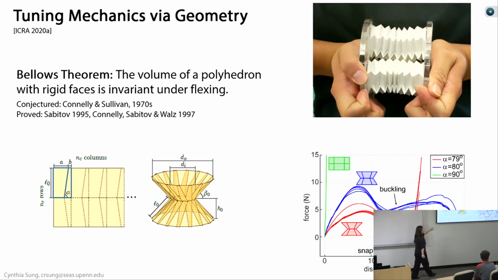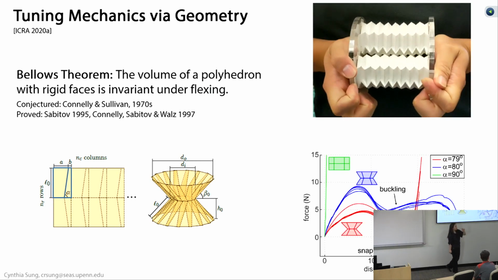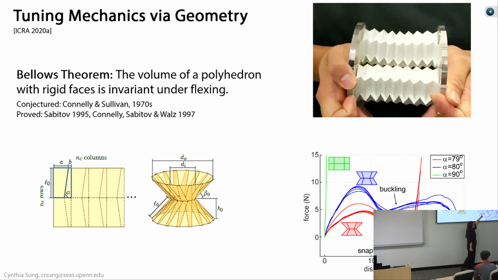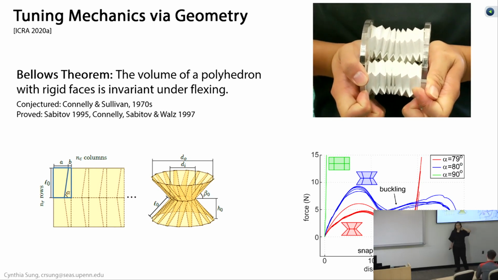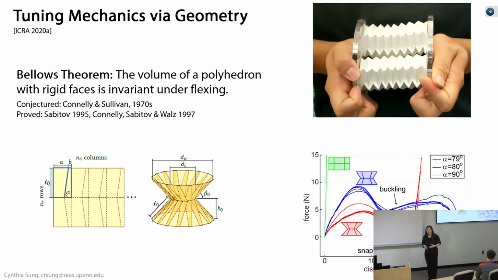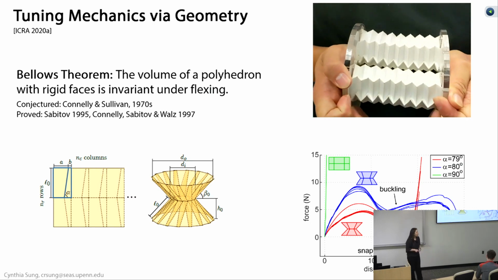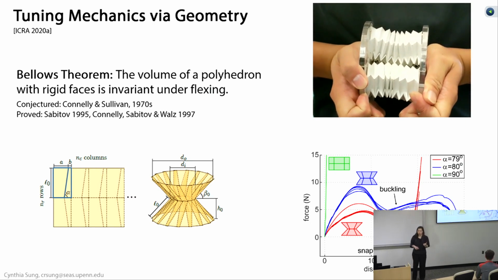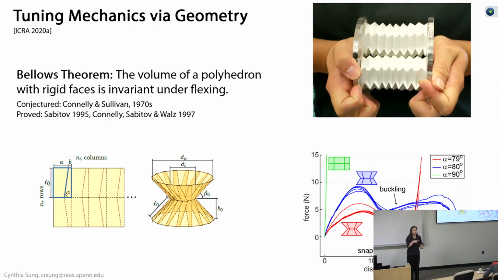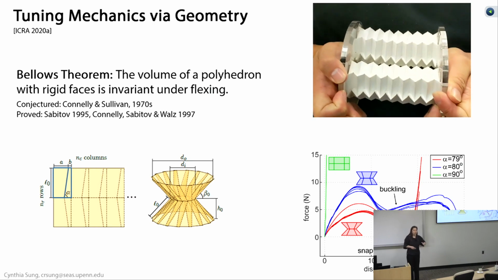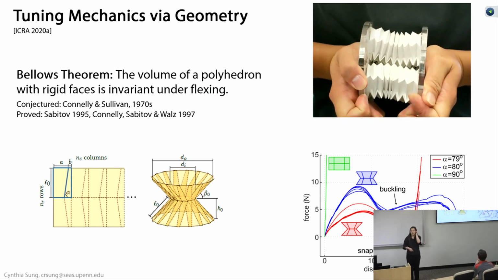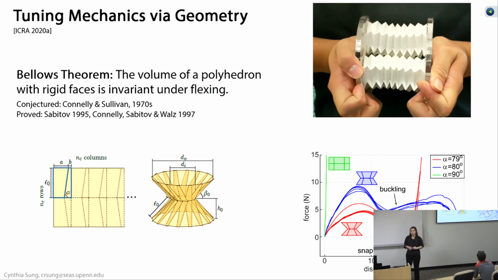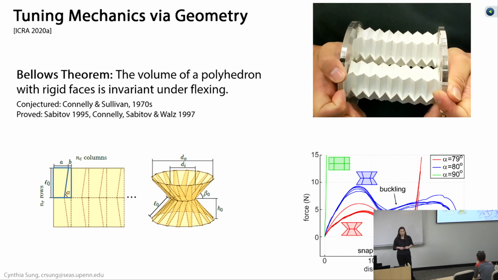So even by changing a single parameter, this alpha, by something as small as 1 degree, then you get large changes in the mechanical response. And you also see different types of behaviors such as snap through and buckling. And these are behaviors that you can tune by changing the geometry, not necessarily the material. Now, of course, if you wanted to scale the entire stiffness, you would change the material, right? But you can change this just by changing the geometry itself.